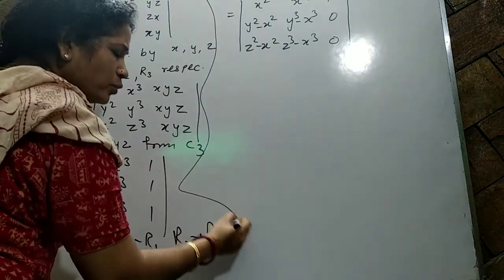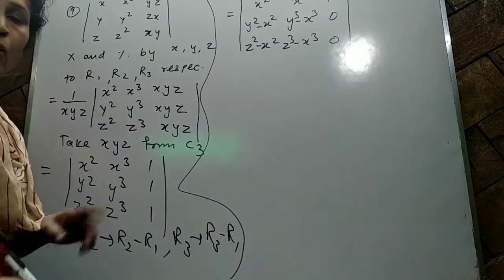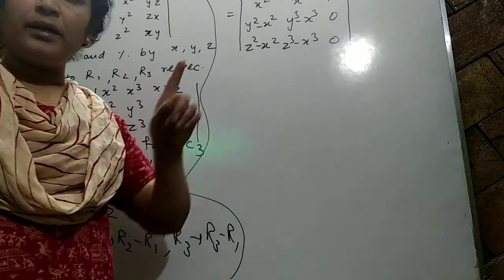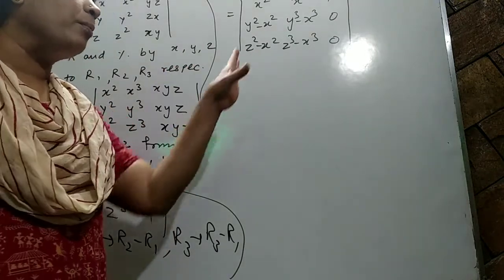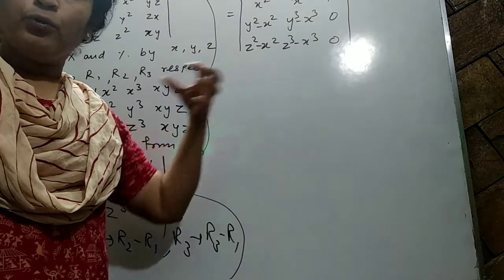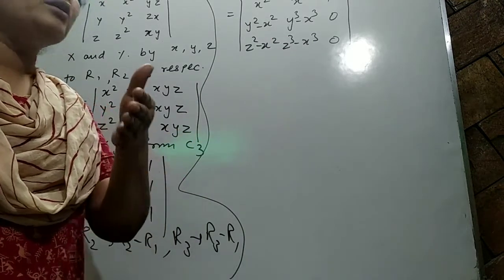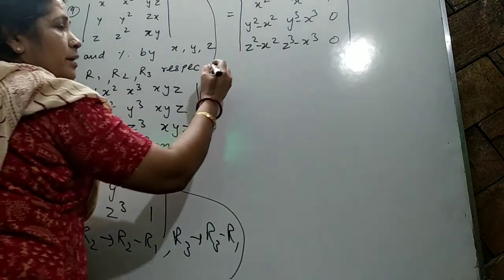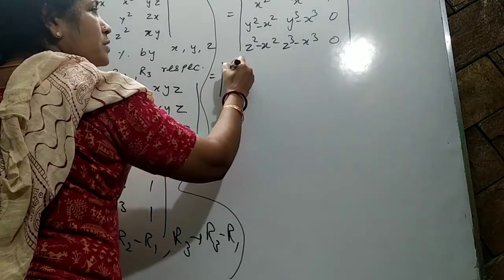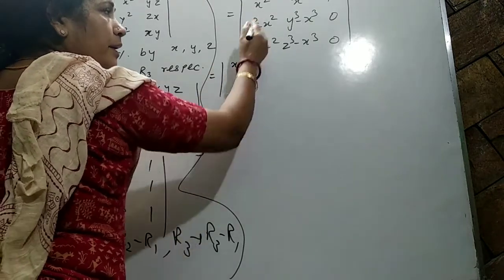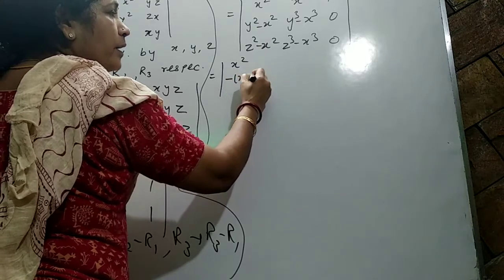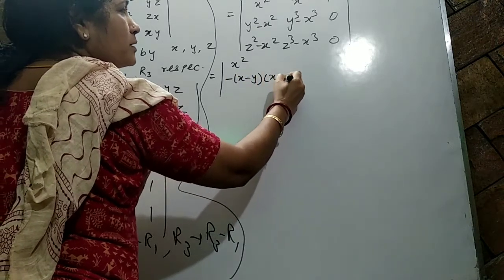See, now we have 2 zeros, we can open. But I told you, before opening the determinant, the determinant should be in simplified form. If there is any common element, you take it out. Otherwise, it is quite difficult for you. Okay, now listen here. What I am doing here, x square: if I take minus, I can write x minus y into x plus y.